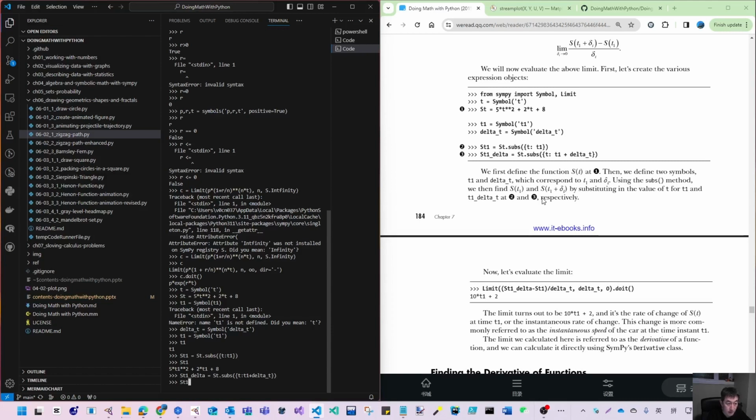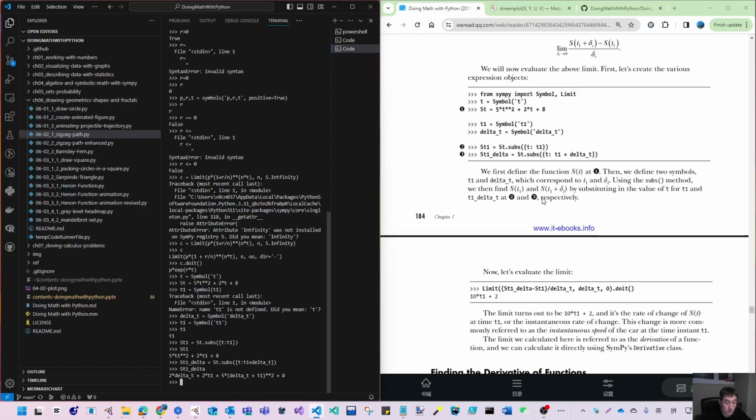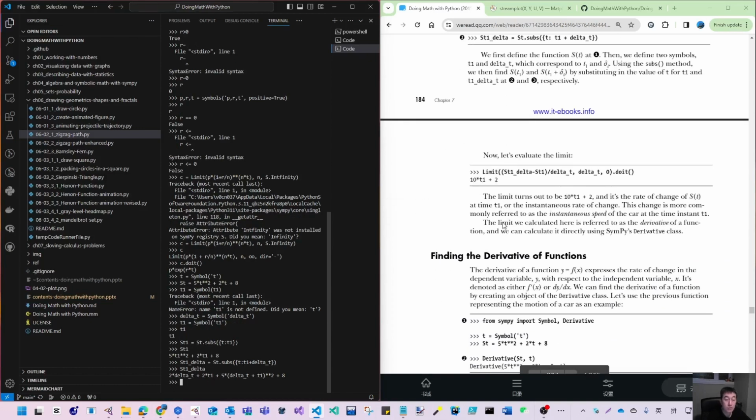Then we have this delta. Then what we can do is define the new s as the limit. We have our expression: s(t1 plus delta t) minus s(t1), divided by delta t, the variable is delta t, and approaching 0.